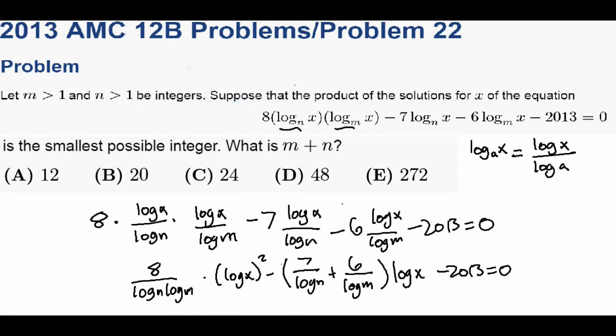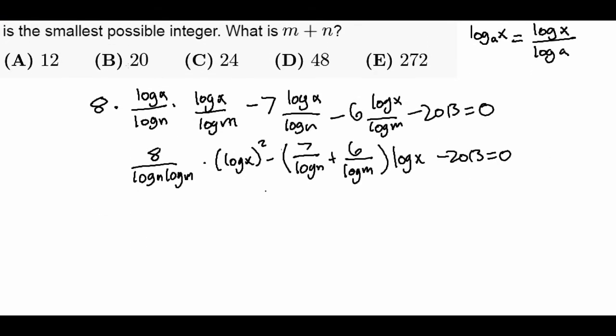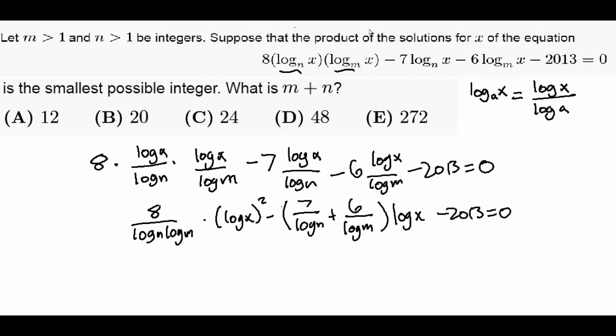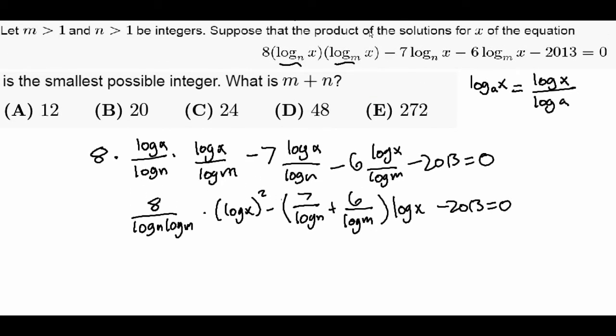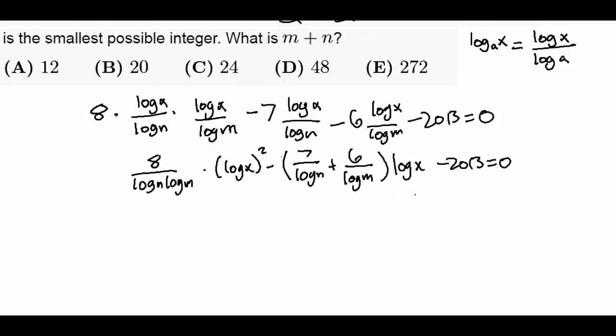Looking at this equation, if you look closely, you'll see that it sort of resembles a quadratic equation, doesn't it? Now the question asks for the product of the solutions for x of the equation. And we know that in the quadratic equation, the product of the solutions is usually this term.